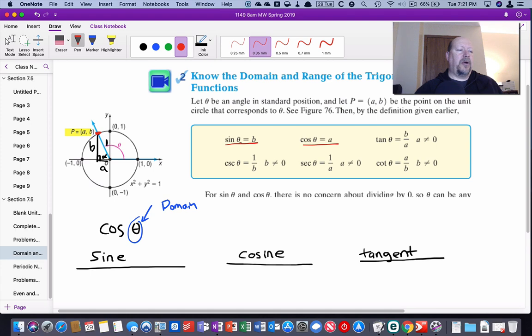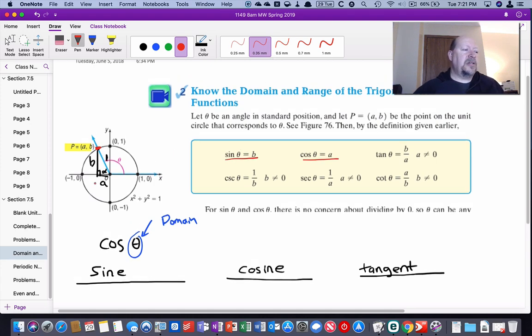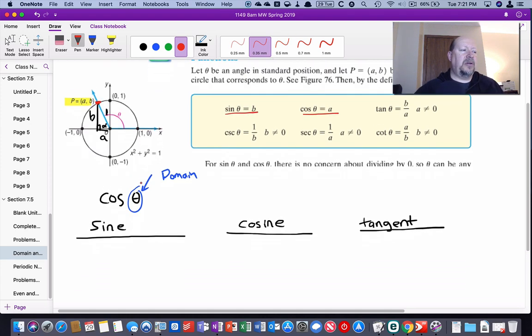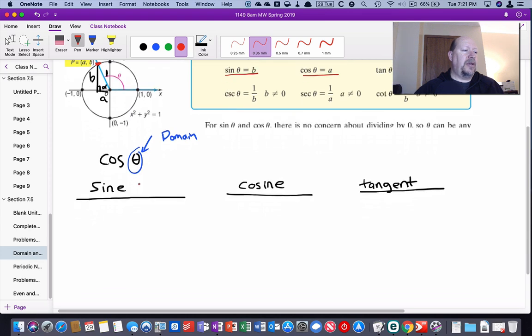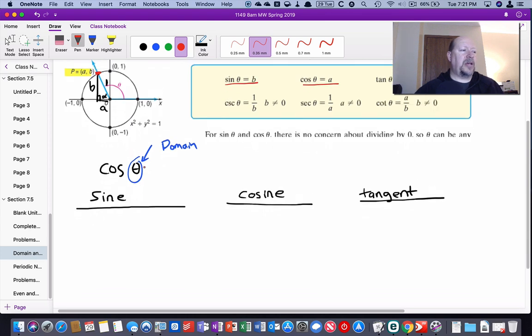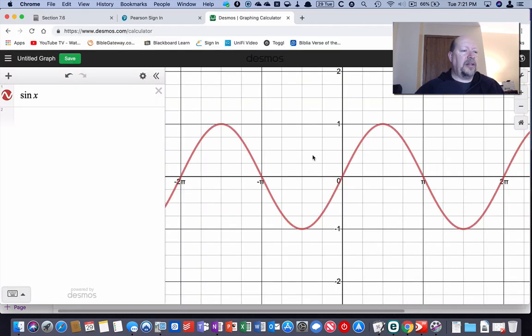Let's take a look at the graph of the sine function. This is not the graph of the sine function. This is a unit circle that actually tells us what the sine and cosine values are as we move the angle around. But let's take a look. I've gone to the website Desmos here, and I've got the graph of the sine function.